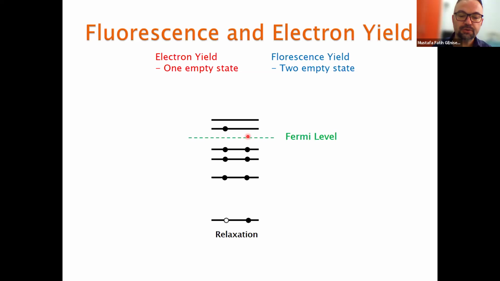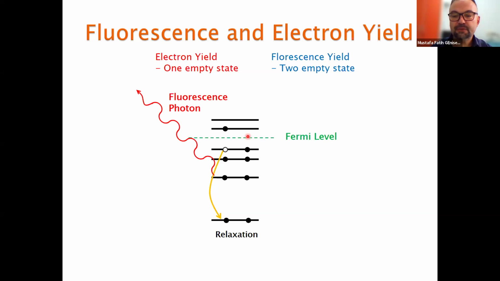When absorption occurs, it needs a relaxation. There's an empty orbital, and nature doesn't like empty things. So in order to fill this empty place, an electron from higher energy orbitals will drop to the core shell, and when it happens, it will emit a photon. This is a fluorescence photon.